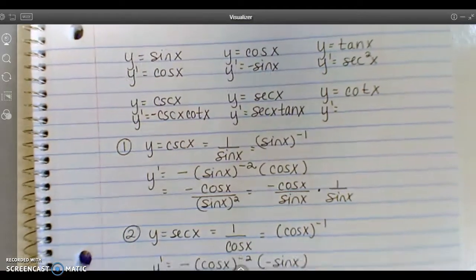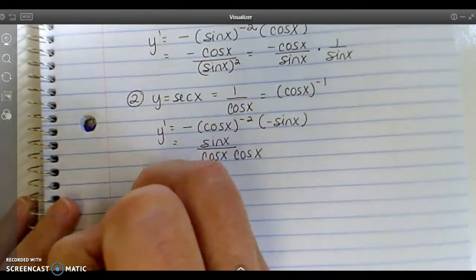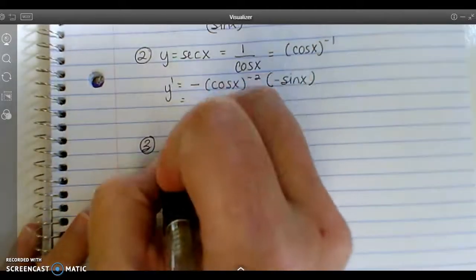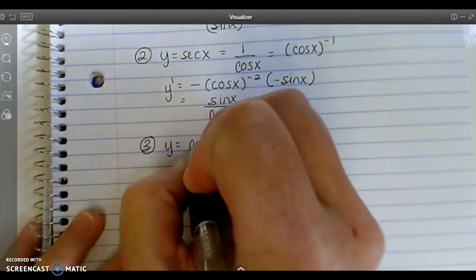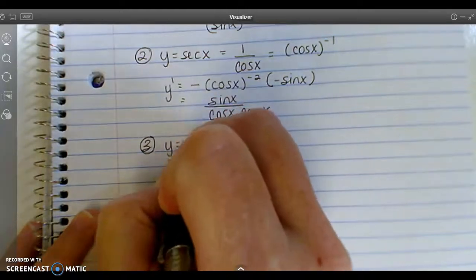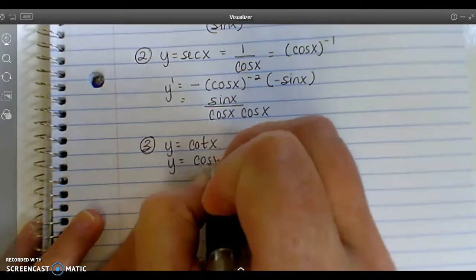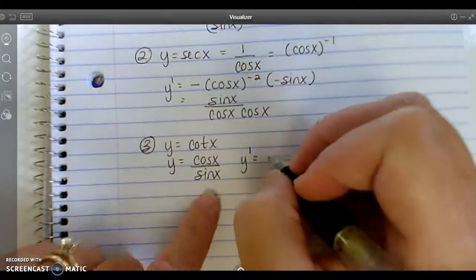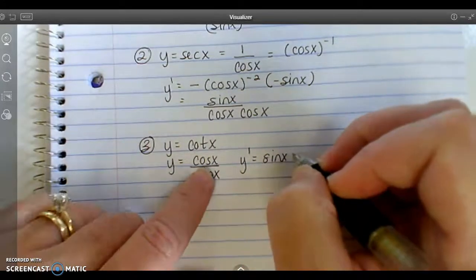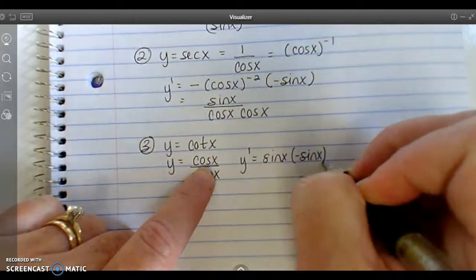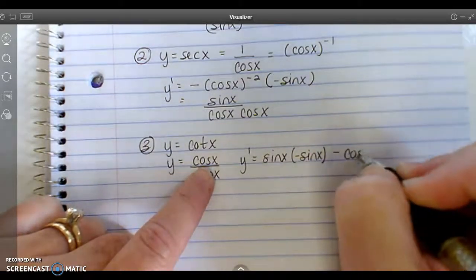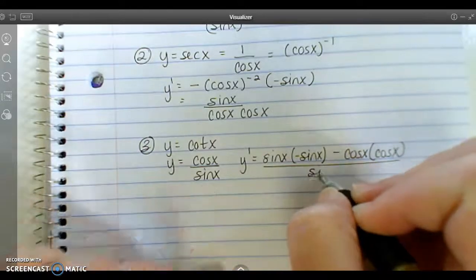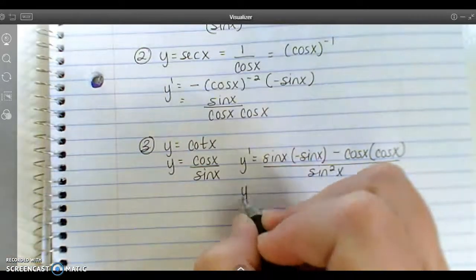And then the last one, cotangent of x. This one's very similar to finding the derivative of tangent of x. I know that that is the same as cosine of x over sine x, so we're going to use the quotient rule. Bottom times the derivative of the top minus top times the derivative of the bottom over the bottom squared.